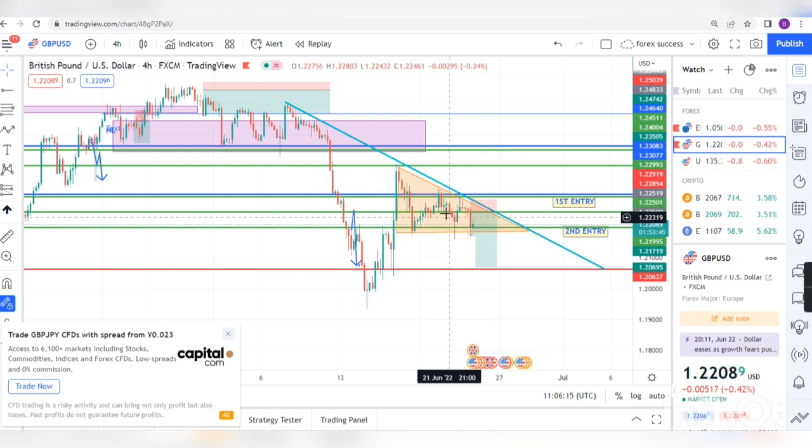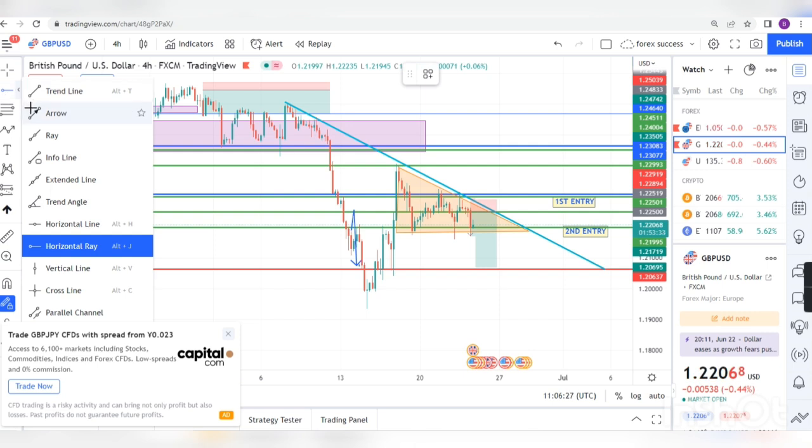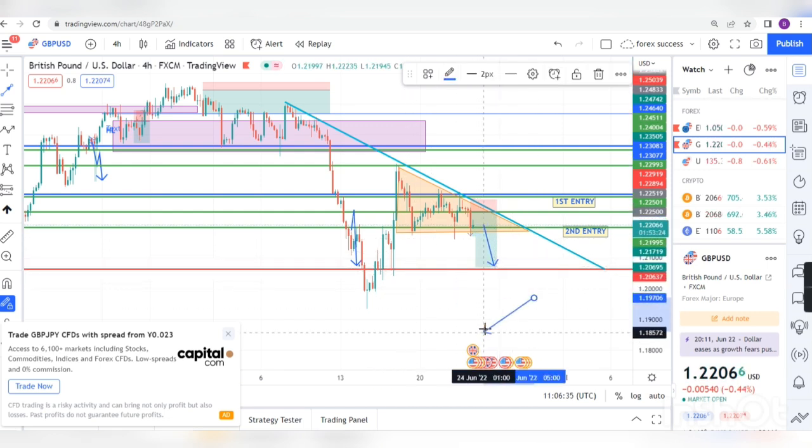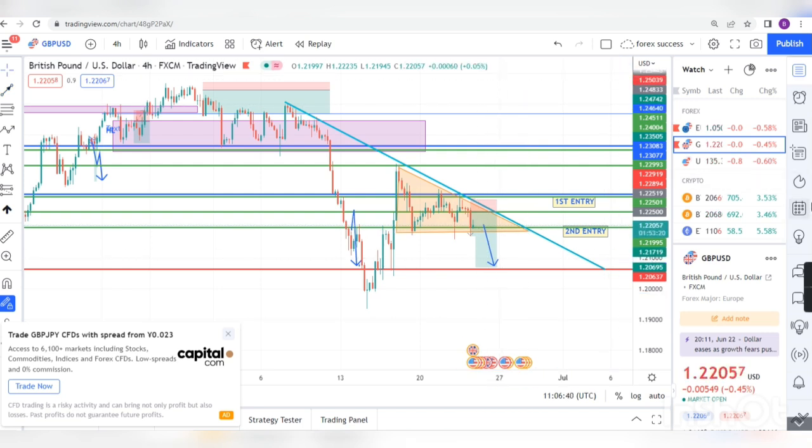So the sellers are taking charge of the market. All we are expecting is a breakdown from this. Let me just give this in the form of an arrow. What we're expecting is that we'll get a break of this candle to this final take profit level. So that's our expectation on this market, guys.